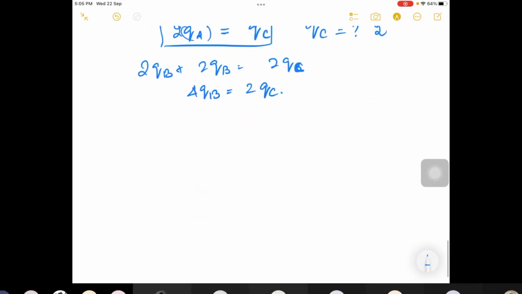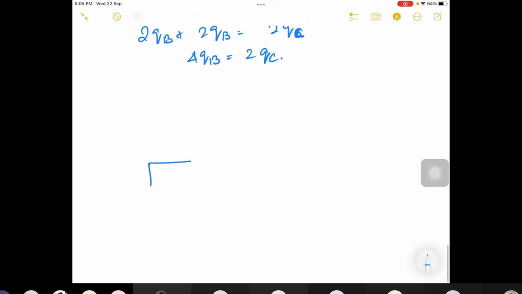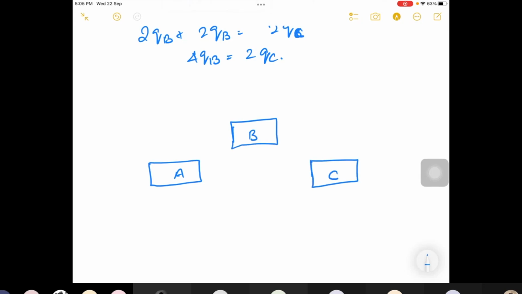So now I have actor A, then actor B, then actor C. From A to B, I have 1 and 1 because QA equal to QB. From B to C, 2QB equal to QC.